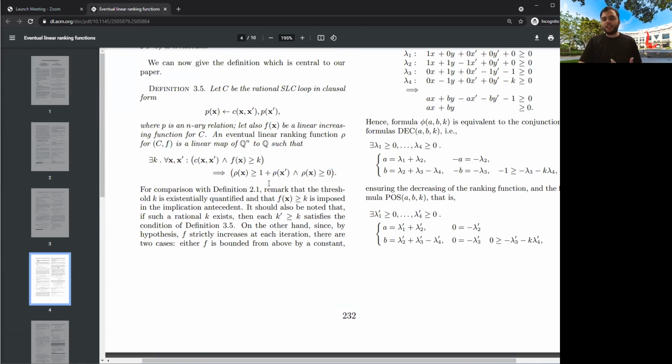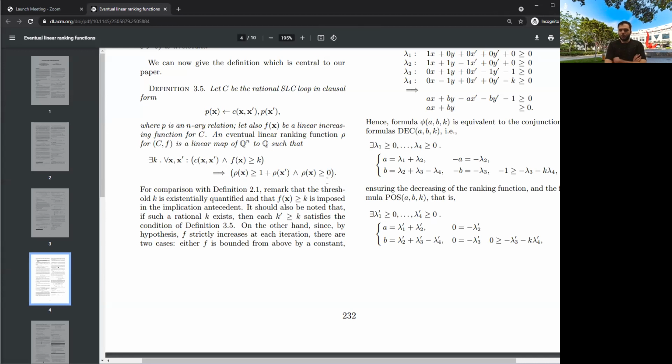So instead of just having one ranking function, we have two different functions now. And the condition that we want to satisfy is that if the value of f is greater than some k, and if we transition from x to x prime, then the value of rho should decrease.